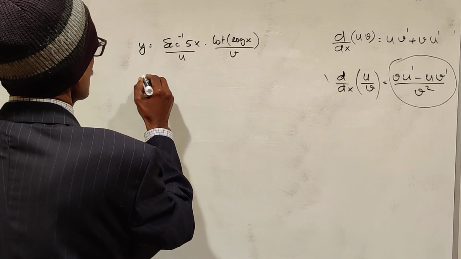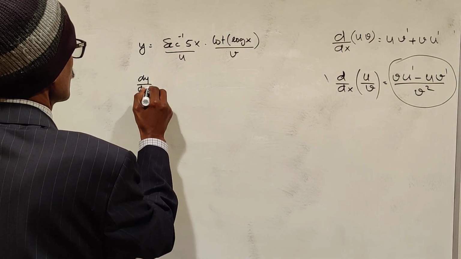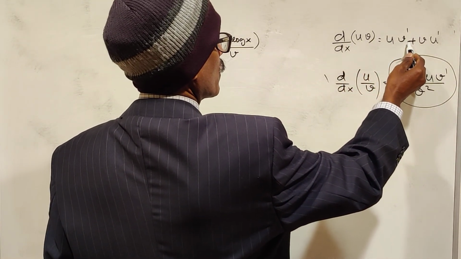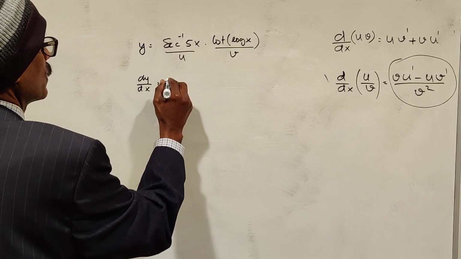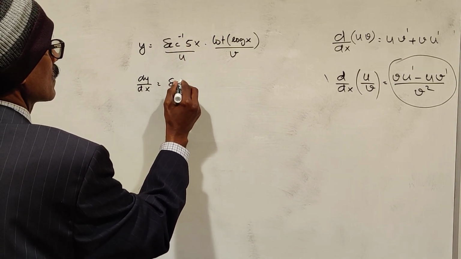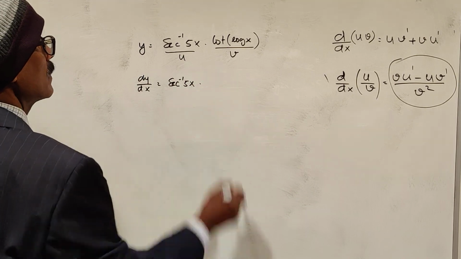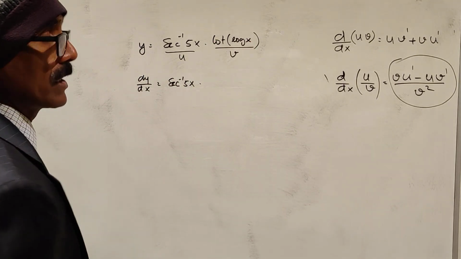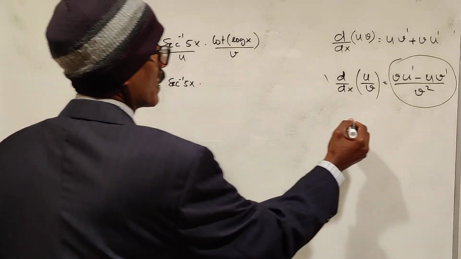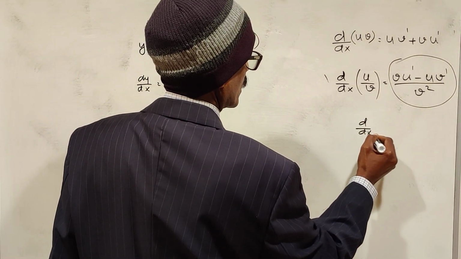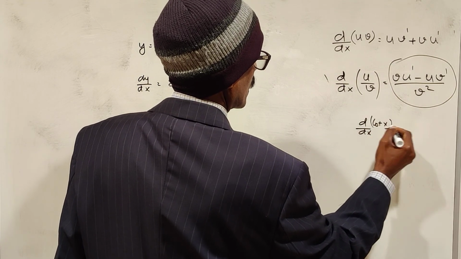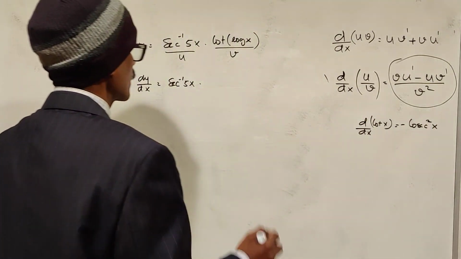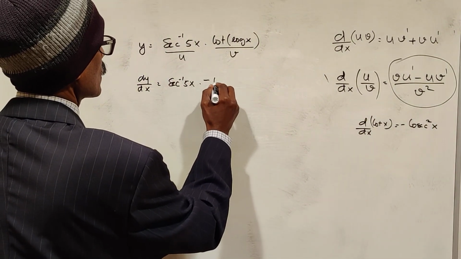Okay, dy by dx equals u times derivative of the second function. What is u here? Sec inverse 5x times, what is the derivative of cot log x? What is the derivative of cot x? d by dx of cot x is minus cosec square x.